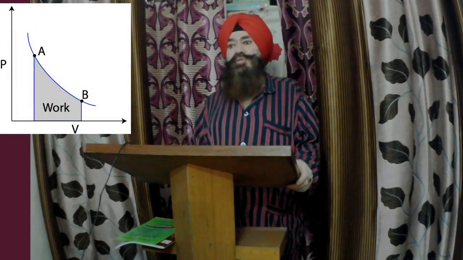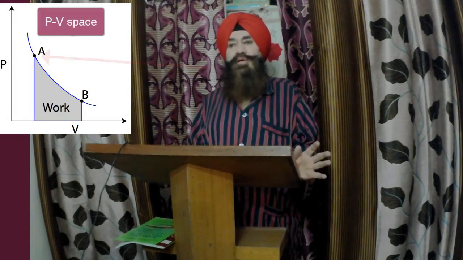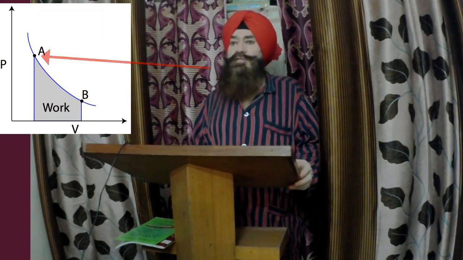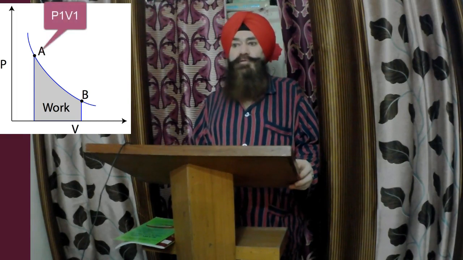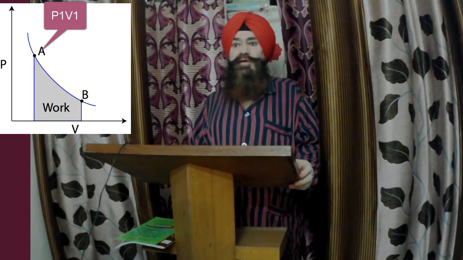Take the PV diagram, for example: each point on the diagram is a pair of pressure and volume, and each point describes the gas system at a particular moment.